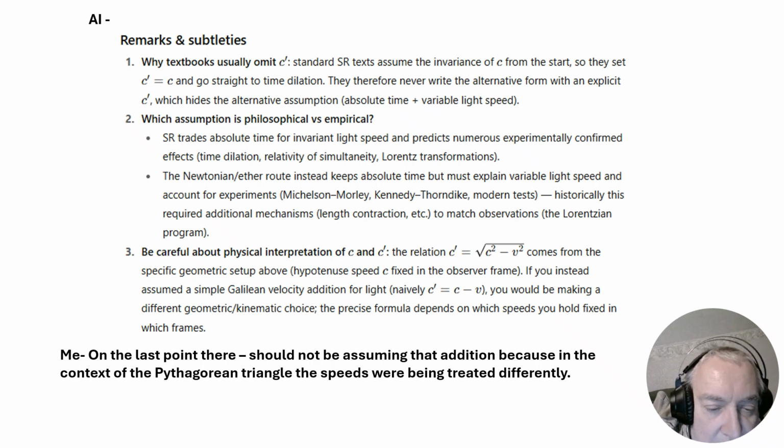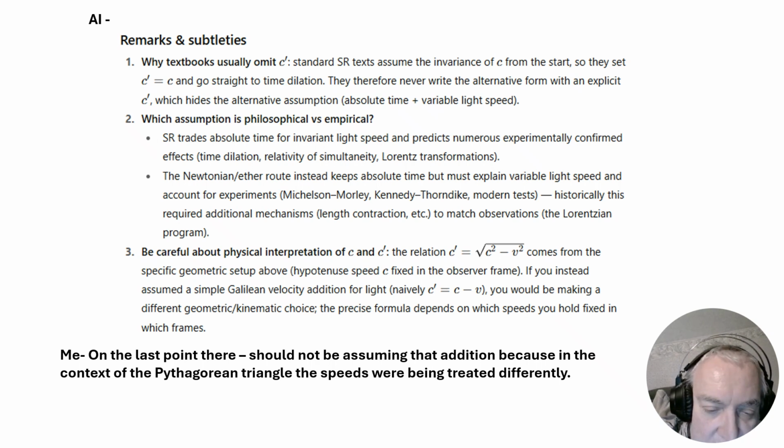Number 3, be careful about physical interpretation of C and C prime. The relation C prime is equal to the square root of (C squared minus V squared) comes from the specific geometric setup above, the Pythagorean triangle mentioned earlier, where the hypotenuse speed c is fixed in the observer frame.